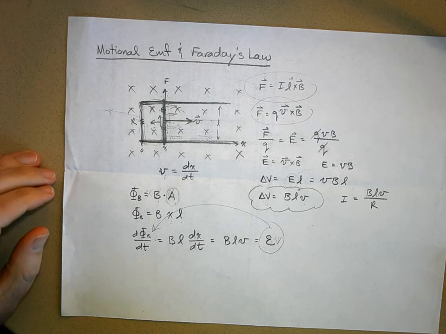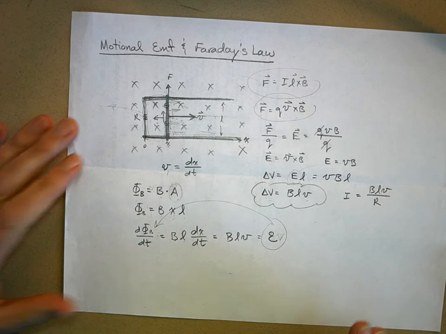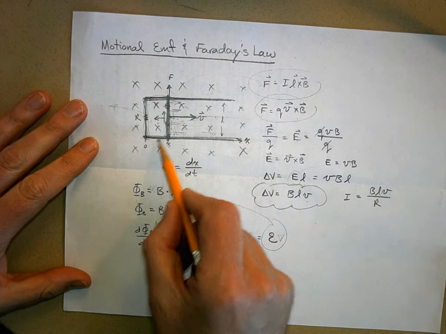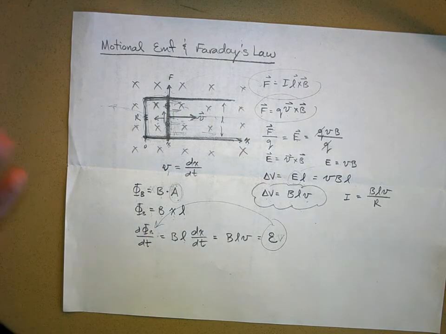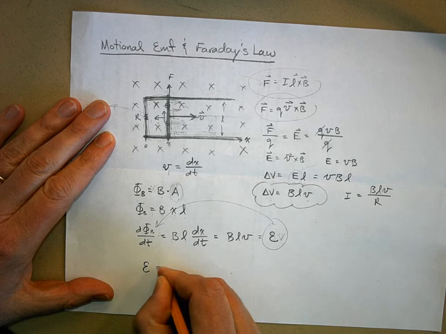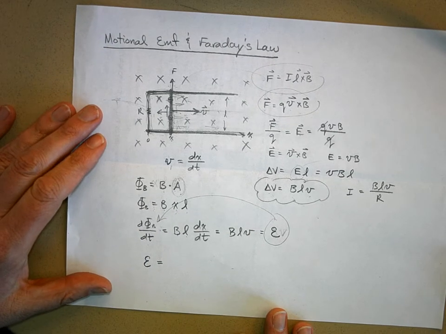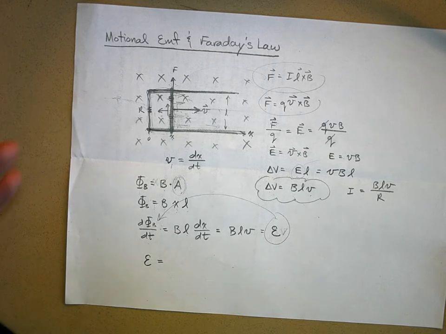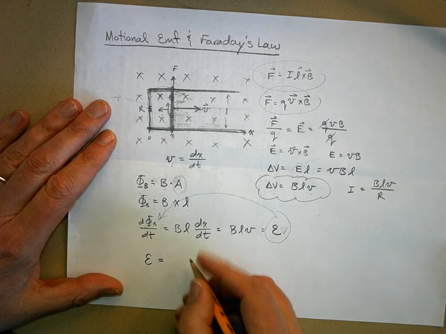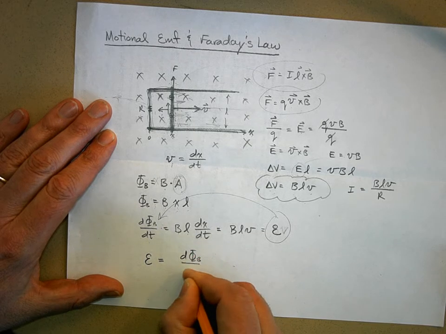And here's where I'm going to do the thing I said I was going to do, where I just say, okay, in this very contrived situation, it can be shown that in general this is true. The voltage I get, and this is true for all electric generators, is going to be equal to the rate at which I change magnetic flux.